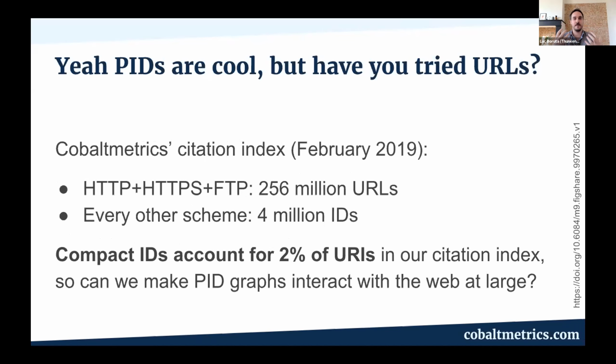So given that figure, can we make the PID graphs and the scholarly resources that we have interact with the web at large? Because first, scholarly data is cited in non-scholarly material like newspapers, and also it is hard to define the boundaries between scholarly and non-scholarly web.